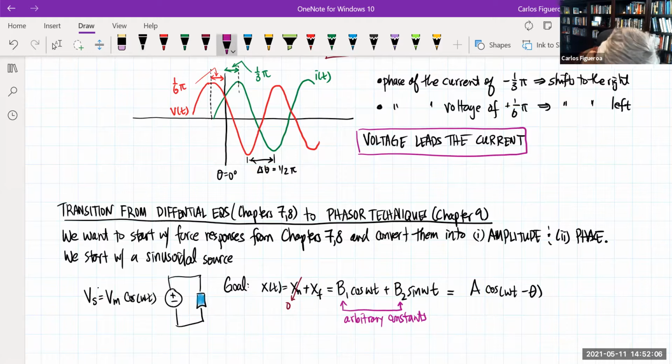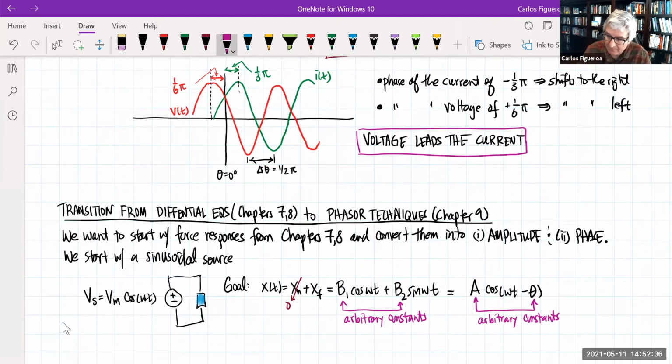So what you're seeing here is that the amplitude and theta are now our arbitrary constants. We're essentially passing the buck down. So to get the force response into this form, I'm going to have to employ a trick.